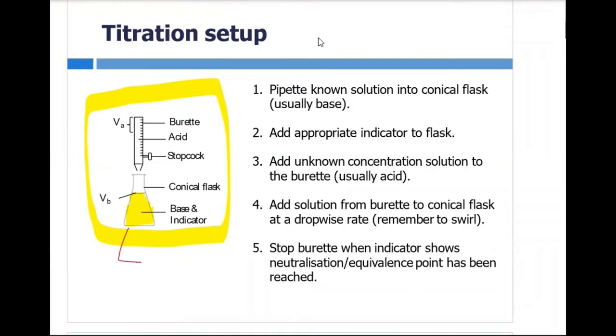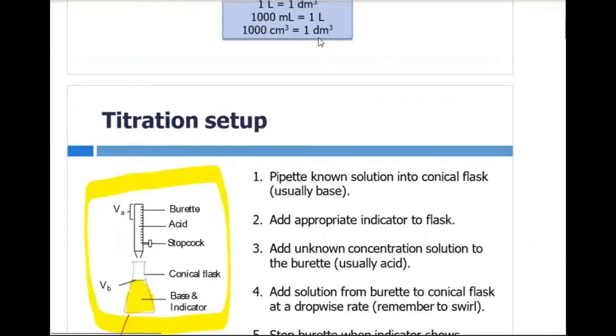So your standard solution is always in your conical flask, because you know that concentration, you know the volume, and now in your burette, you've got your unknown concentration, because you're going to check the volume that you used. Based on that, you're going to calculate. All right, so please note that we must never put our unknown in our flask, because then you can't measure how much you're using. So just having it the right way around is very important.